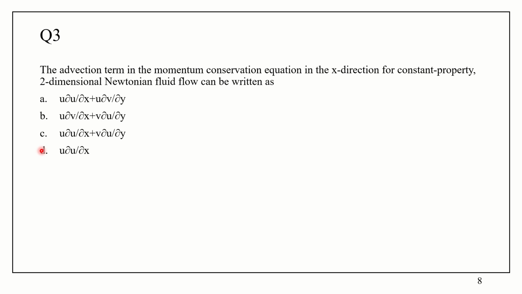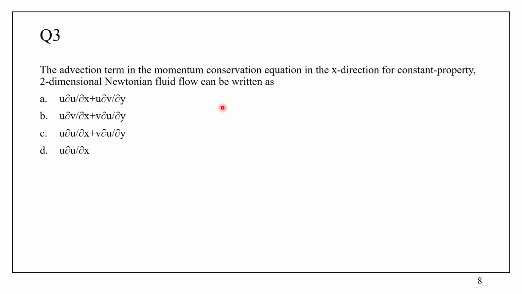So I repeat the question once again. The advection term in the momentum conservation equation in the x direction for constant property two-dimensional Newtonian fluid can be written as dash. So we have seen the momentum conservation equation in the first slide itself, and it is asking for the advection term, and that too for the x direction momentum conservation equation.